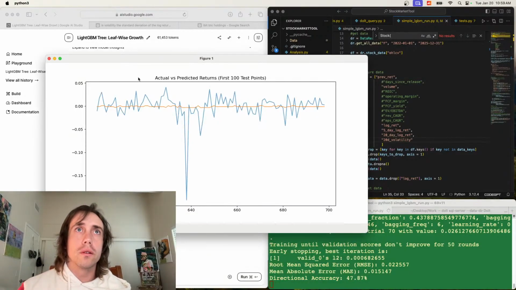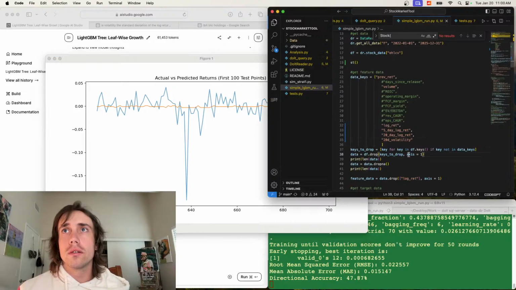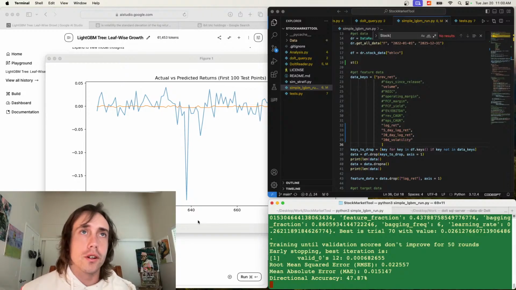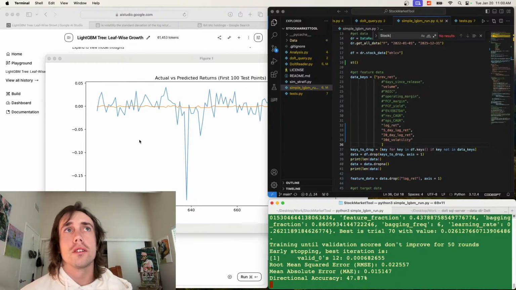Okay, so this is what we get using only this stuff. So we're at 47% directional accuracy. If we're using this to make purchases every day, we'd probably lose money.